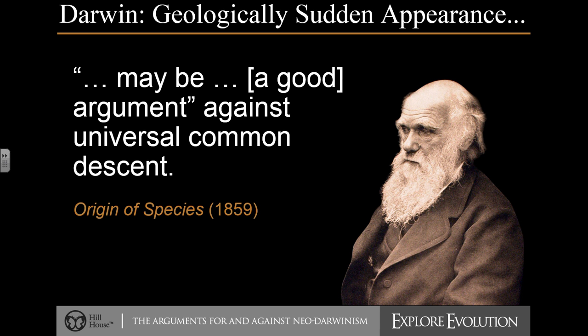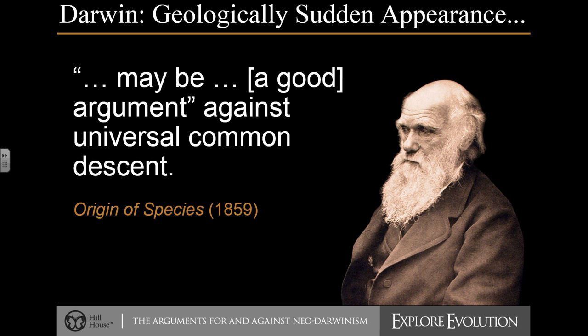Again, we see Darwin's own words recognizing the challenge that this presents for his theory. Already we saw a quote from him that made note of the fact that if you could find a complex organ system, something that couldn't be built step by step, that would be a significant challenge to his theory.